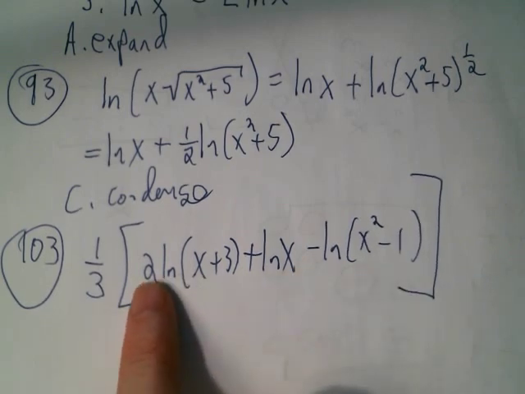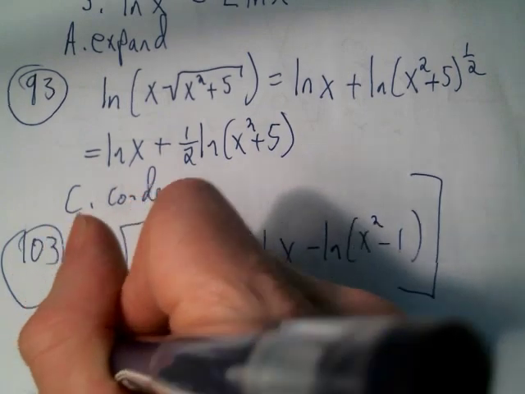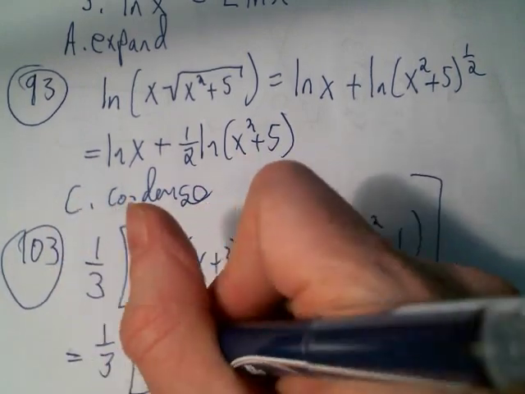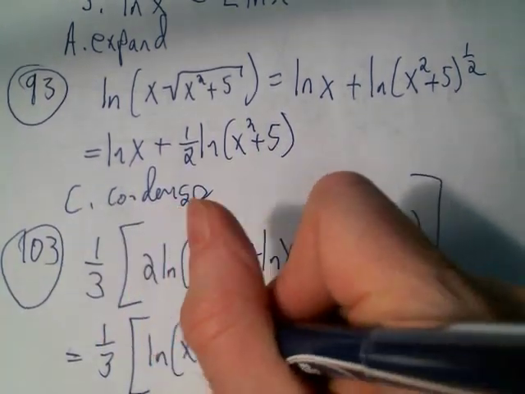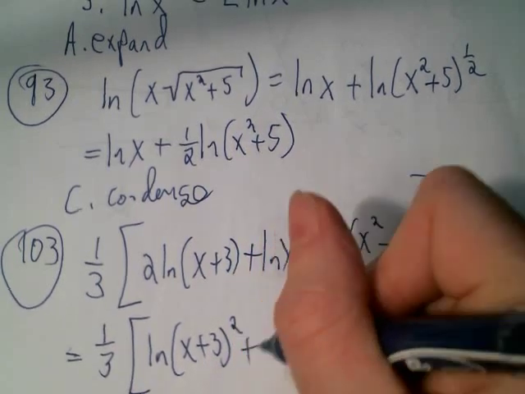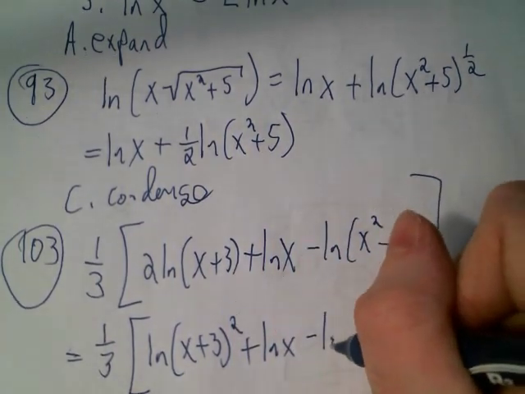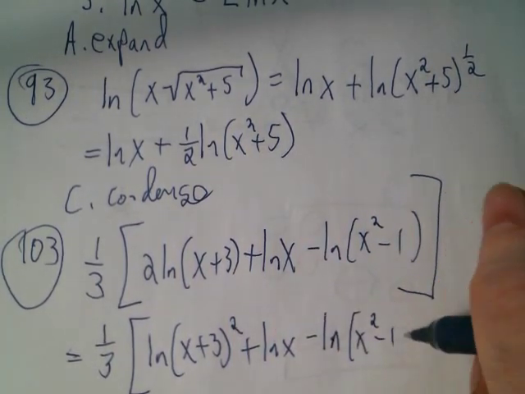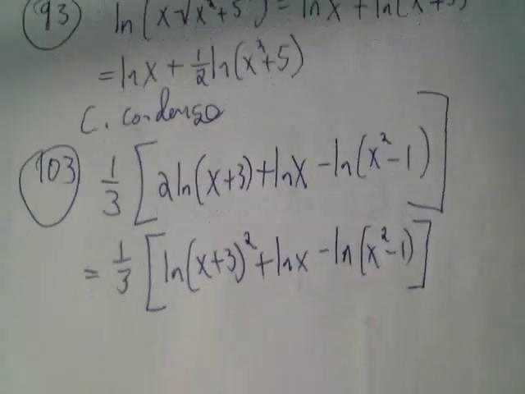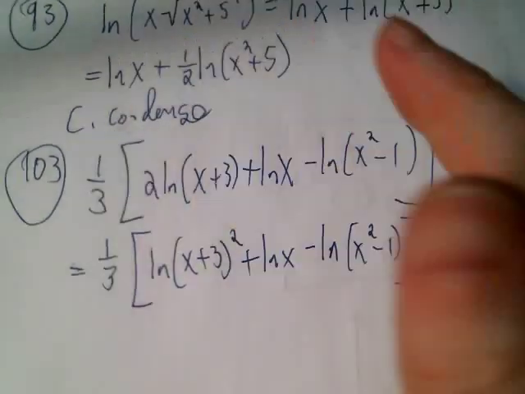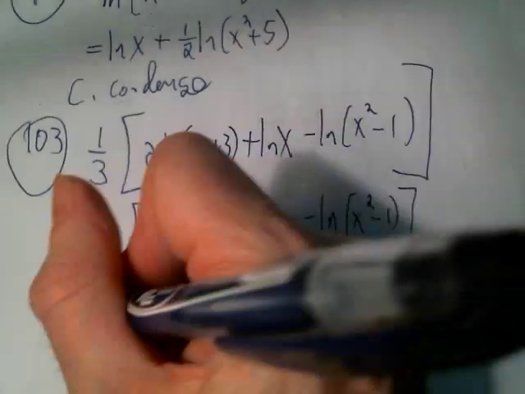To condense it, I can't have a constant in front of the log, so I'm gonna rewrite that as ln of x plus 3 squared plus the ln of x minus ln of x squared minus 1. Then I'm going to combine these guys.